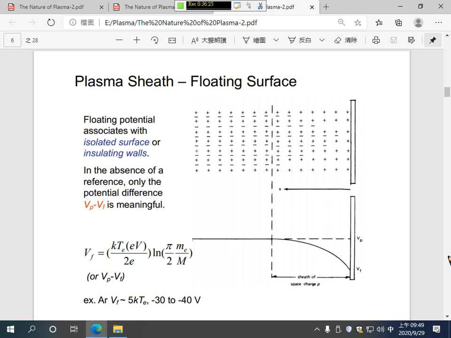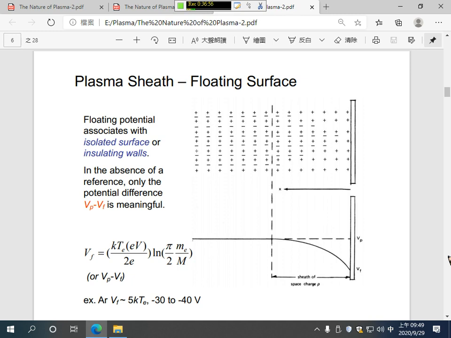So negative charge builds up on the surface.